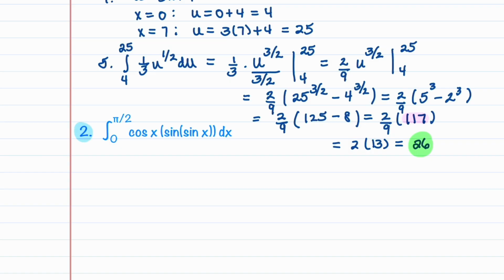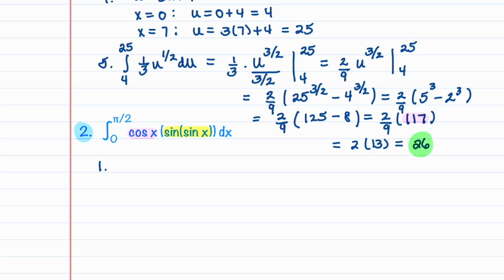Let's now look at our second example. For this one, I wanted to do a trig example, and this one is definitely complicated. To choose u, we want to let u be the function whose derivative is in the integrand. Notice that we have a complicated expression involving sine x, and then we have a standalone cosine x. That standalone cosine x can be our derivative.